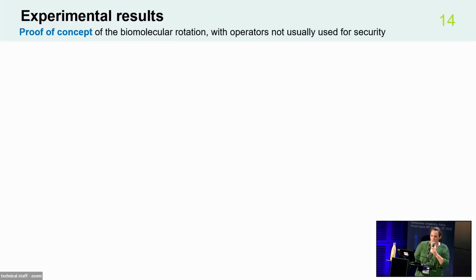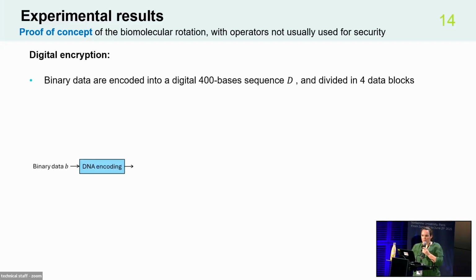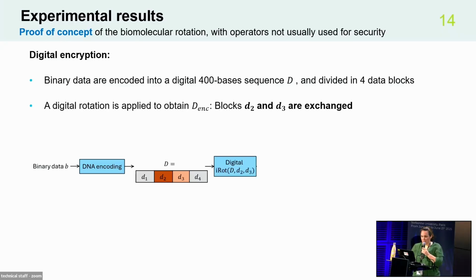To do so, we've chosen to try to do the biomolecular rotation, which is the more complex of the two functions we developed. So to do so, we took some binary data that we encoded into a digital 400 bases DNA sequence D that we divided in 4 data blocks.